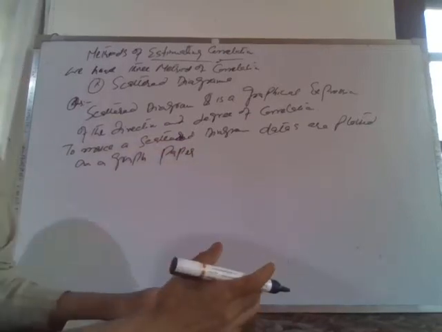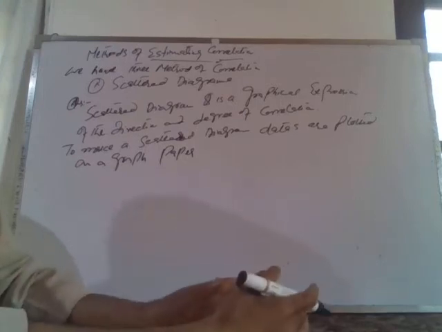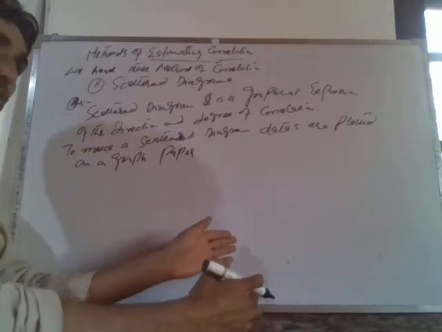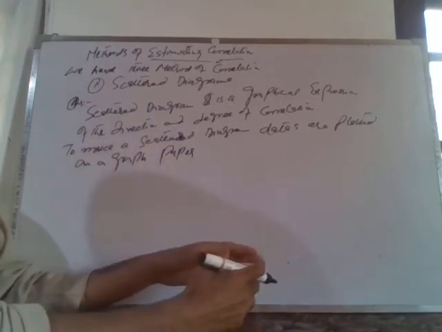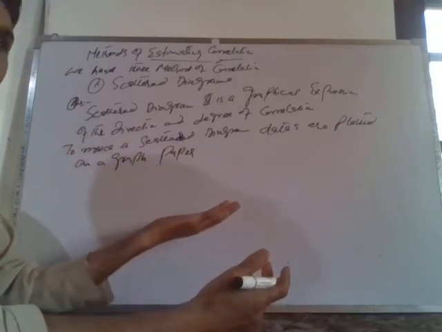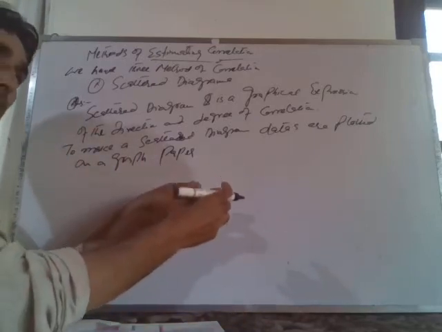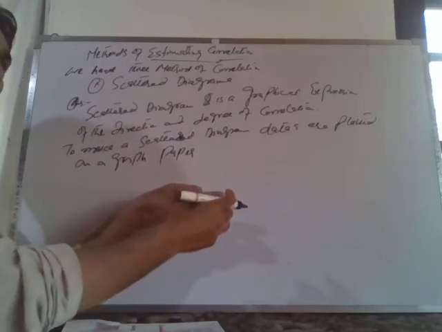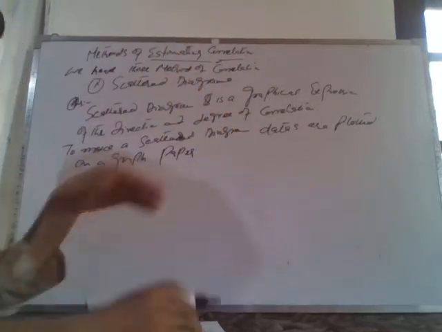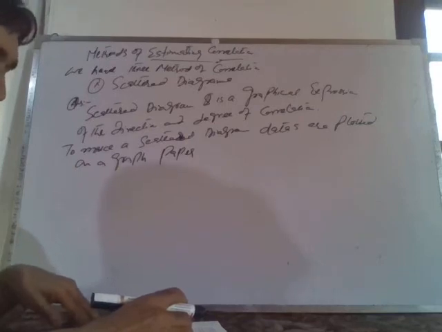As we already know how to make a graph, there are two axes. The x-axis shows values of x and the y-axis shows values of y, or the x-axis shows values of one variable and the y-axis shows values of another variable. Then we get a point on the graph. That is the method to plot points on the graph.